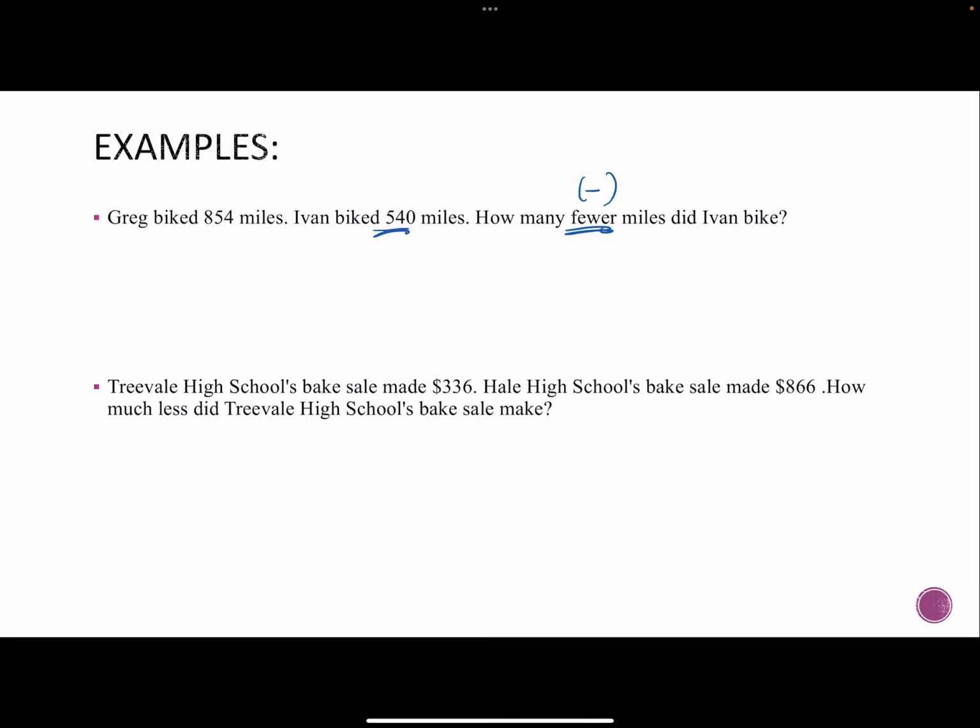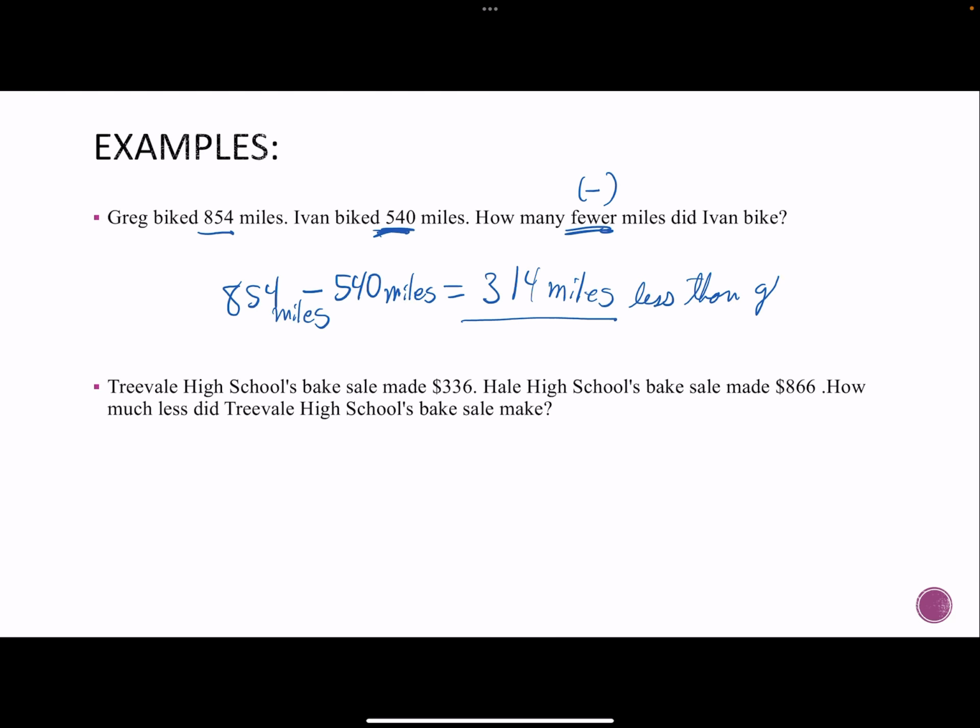So if I want to know how many fewer miles Ivan biked, I would want to take the number of miles Greg biked minus the number of miles Ivan biked, and maybe write miles. So we, again, don't forget our units. And that would give me 314 miles. So Ivan biked 314 miles less than Greg.